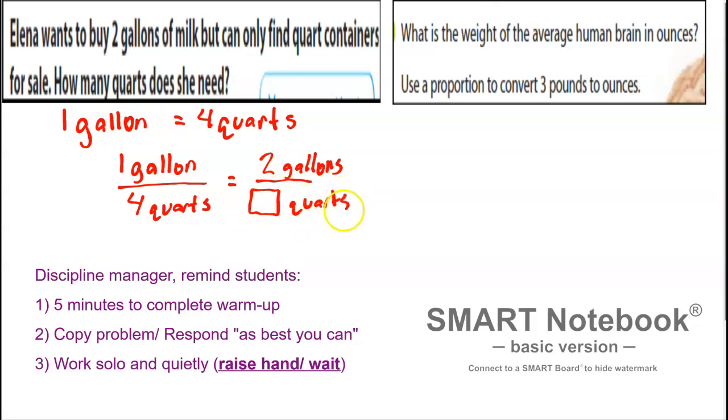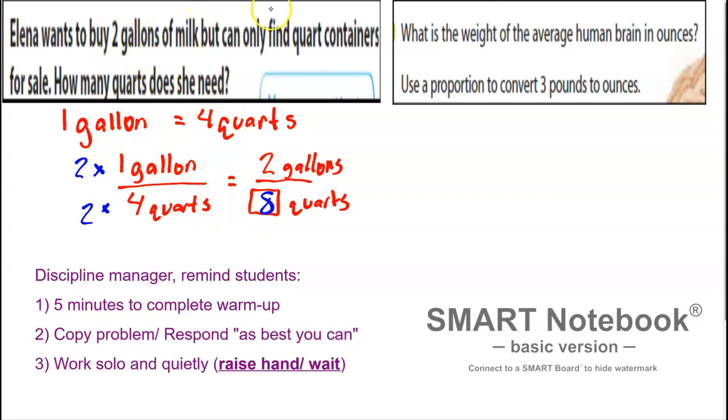For me to go from 1 gallon to 2, I had to multiply by 2. So down here, I would need to multiply by 2, which gives me 8. The answer is 8 quarts.